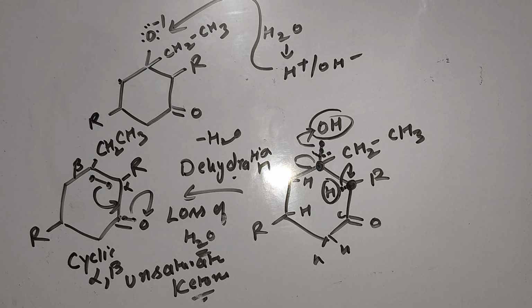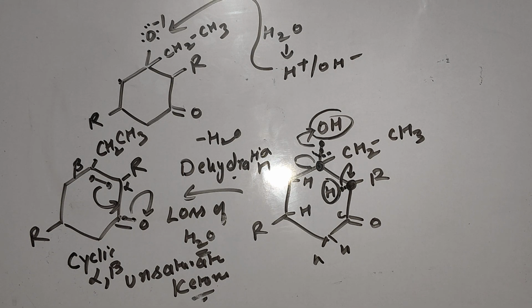So now please check all the steps of the reaction. The first step was a base attacking a normal ketone, and a carbanion was generated. That carbanion reacted with an alpha beta unsaturated ketone. That reaction is known as Michael addition. After that, another base reacted with the alpha beta unsaturated alkyl group.